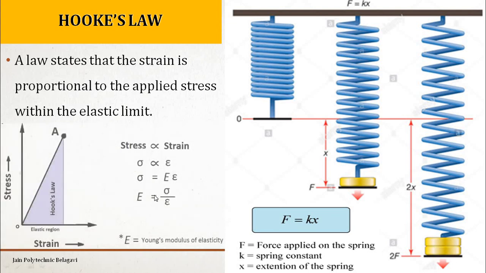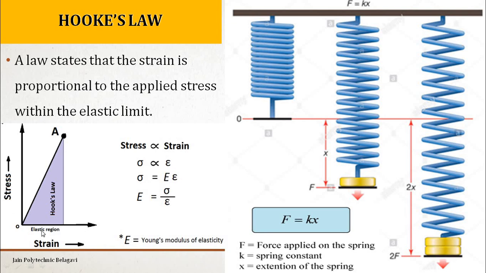So now we will come across the proportionality limit. This was the first point in the previous slide, what we learned in the stress strain curve. This point was the limit of proportionality, and within this you found the elastic limit. So within this elastic limit, what does Robert Hooke, or Hooke's law, state?